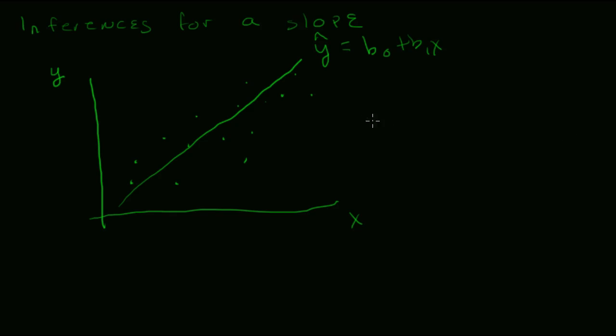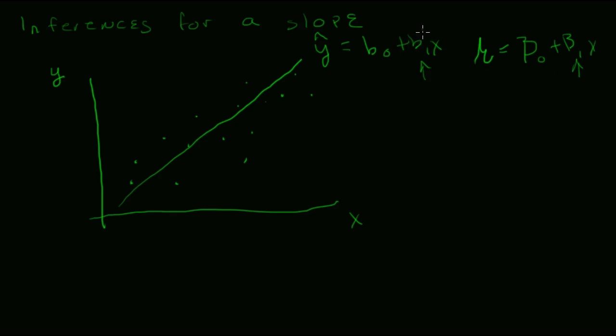So we'll just use mu. The mean regression line is going to be some beta 0 plus beta 1 times x. Now, what we're most concerned about here is not actually the intercept, but rather the rate of change.